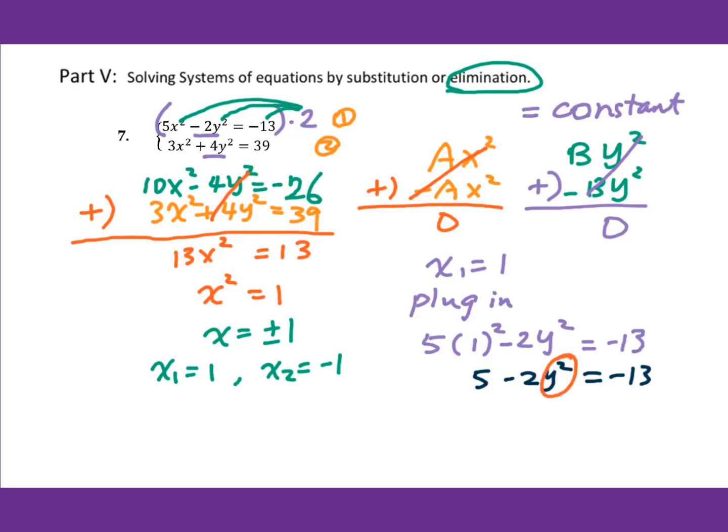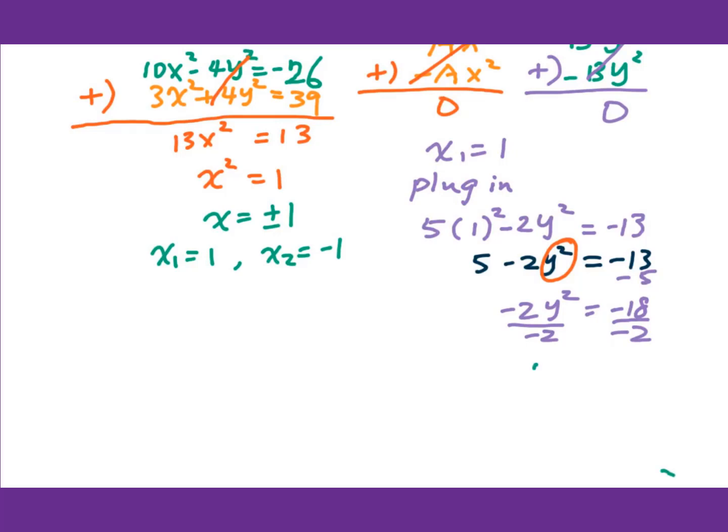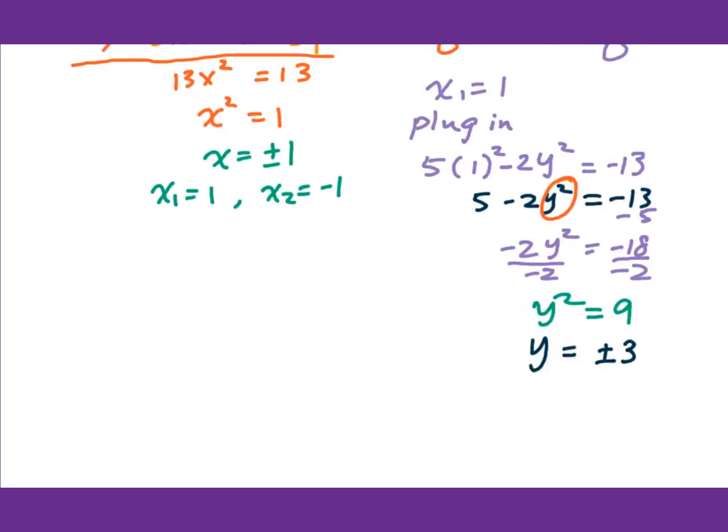Therefore, we subtract 5 from both sides. You get negative 2y squared equals negative 18. Then divide by negative 2 on both sides. You will get y squared equals 9. So you get y equals plus or minus 3. Which means we have (1, 3) and (1, negative 3) as the solutions.